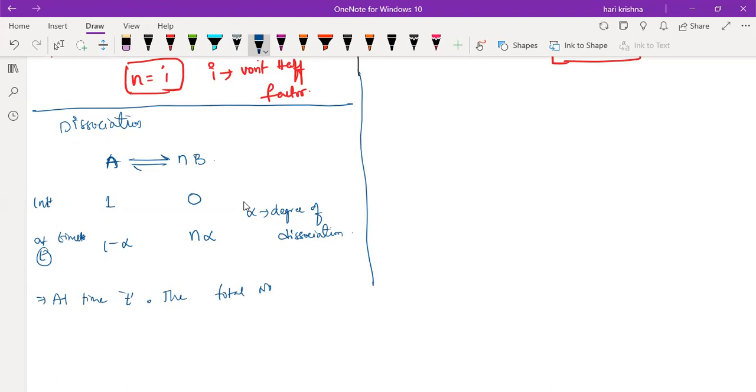Reactants 1 minus alpha, products n alpha. If you add these two, taking alpha common, we'll get 1 plus (n minus 1) alpha. This is the total number of moles at time t, or you can say the number of moles after dissociation.